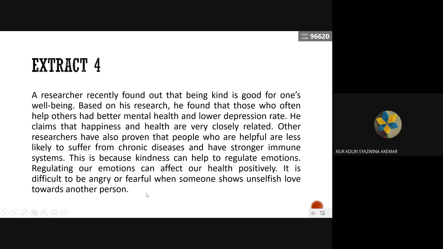A researcher recently found out that being kind is good for one's well-being. Like I said before, the topic sentence is not given to you here in this extract directly. It is implied, it is hidden.